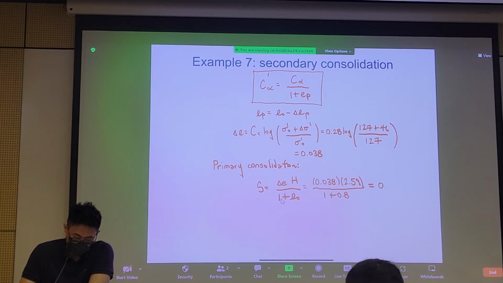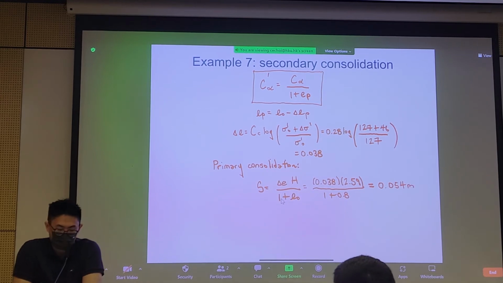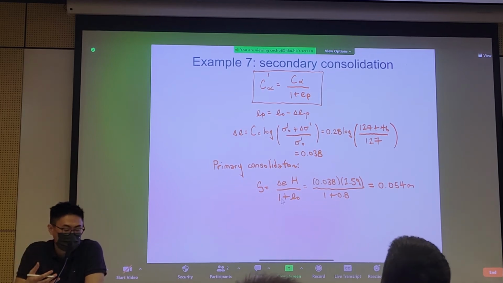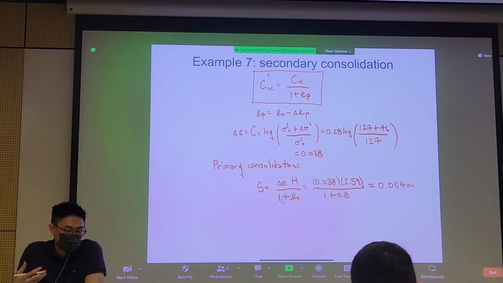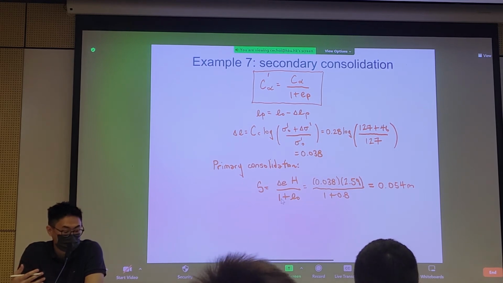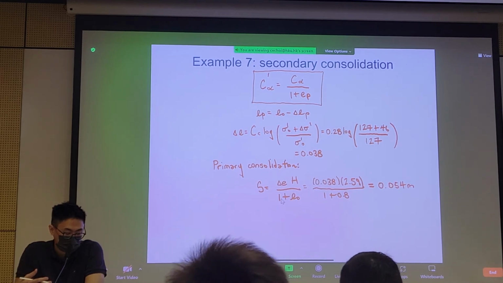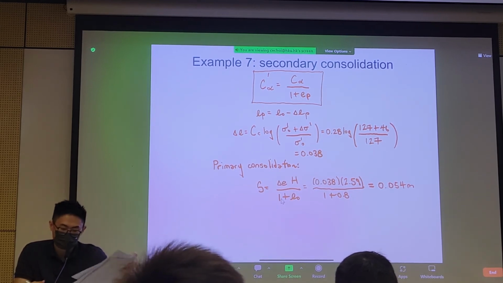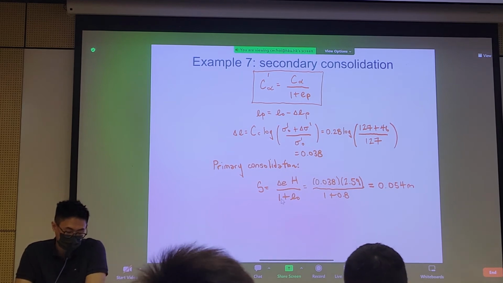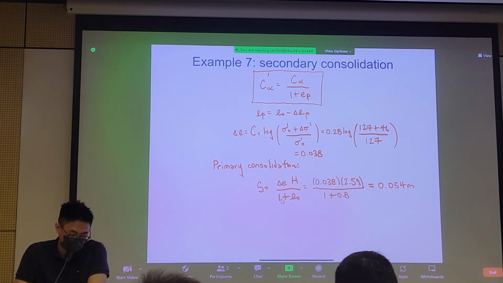So we expect a primary consolidation settlement of about 0.054 meters. So the question asks us, what's the total consolidation settlement? So we need to know primary plus secondary. And we want to know 5 years after the completion of primary consolidation. So since we have a frame of reference for 5 years, and we're also given the secondary compression index, we can calculate that.